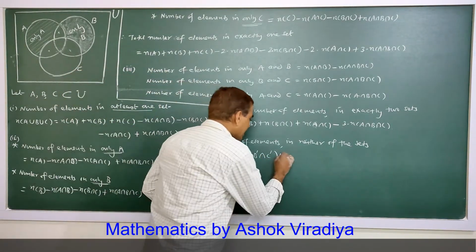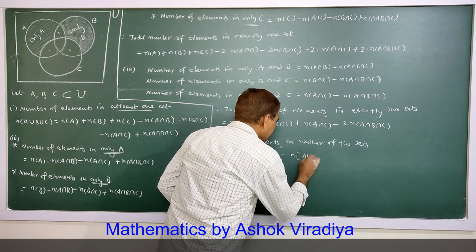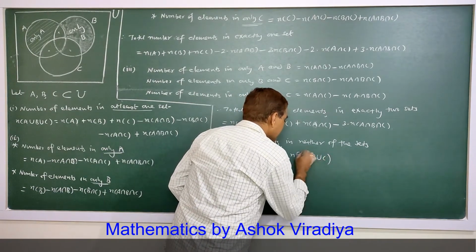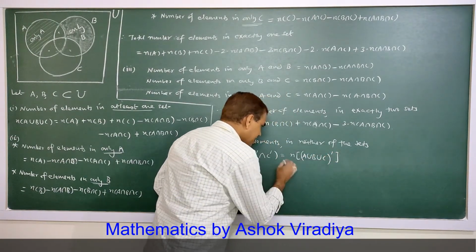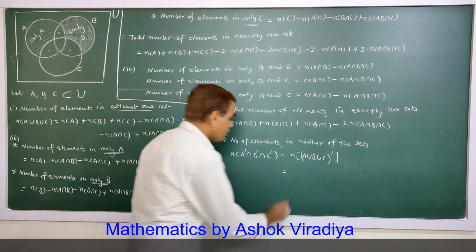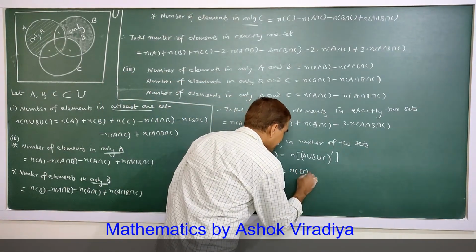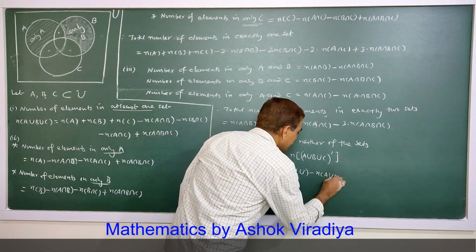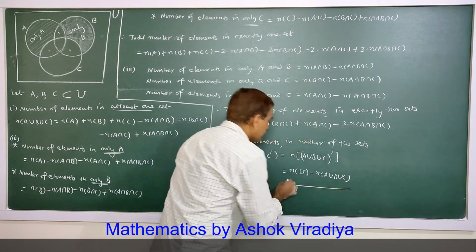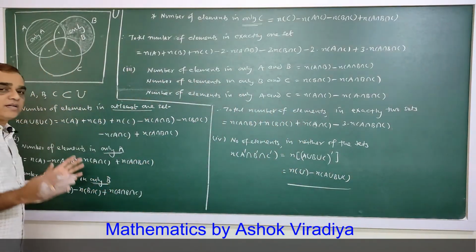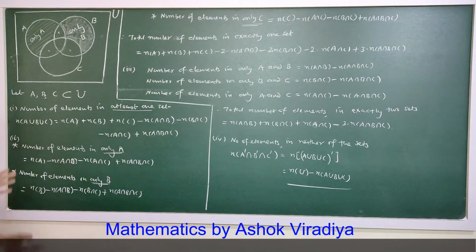This can be calculated as number of elements in A union B union C whole dash, and it is equal to number of elements in universal set minus A union B union C. So these are results related to practical problems of 3 sets.